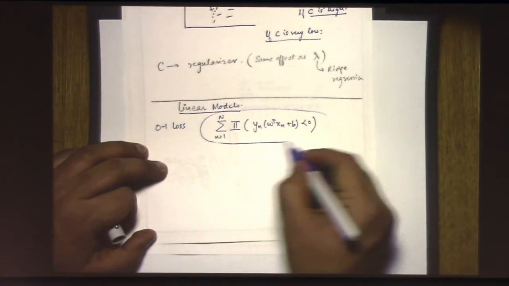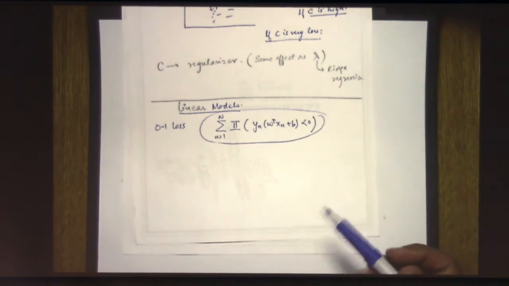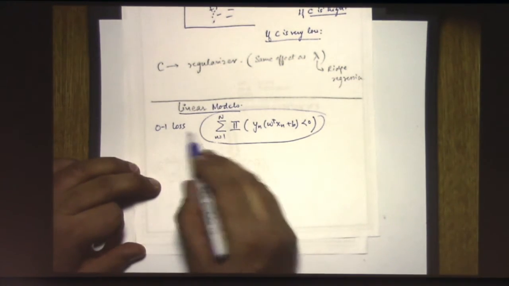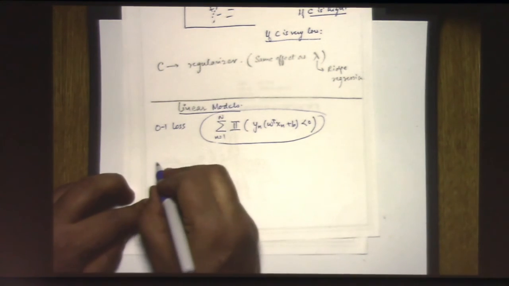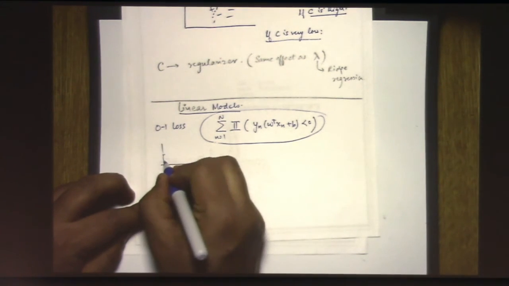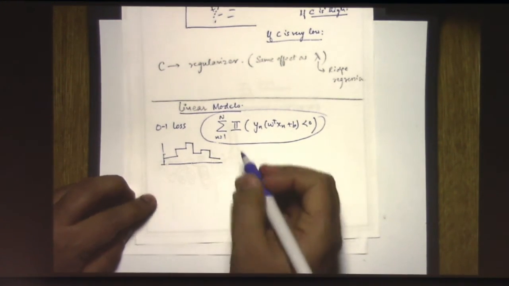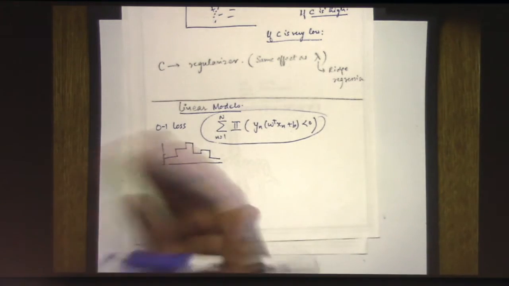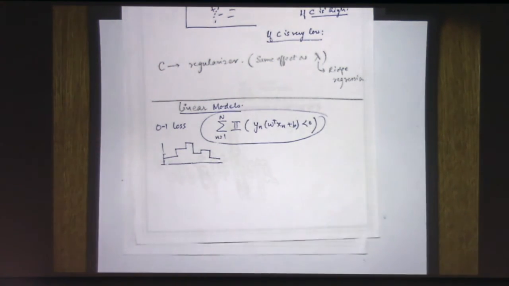Which means you want to penalize a misclassification by 1, otherwise 0. But these losses are very hard to optimize because this is a 0-1 loss. It is like a step function, so it goes like this. You can't really write a gradient descent method to solve these kinds of losses. Gradient descent needs smoother curves.